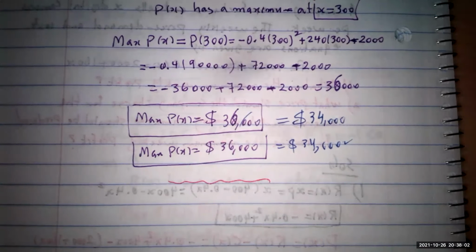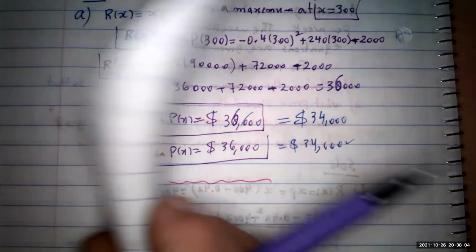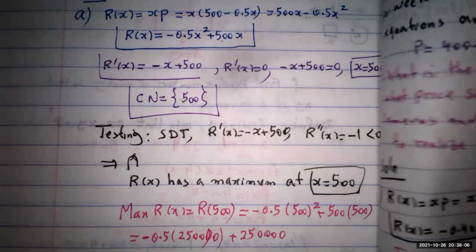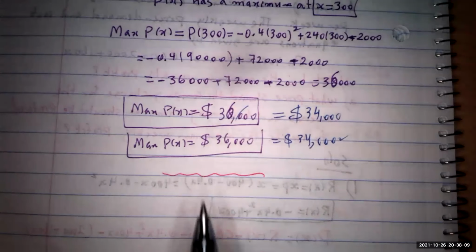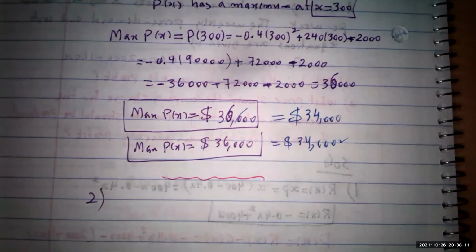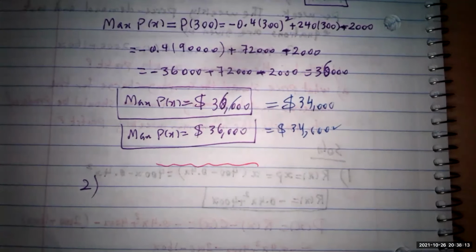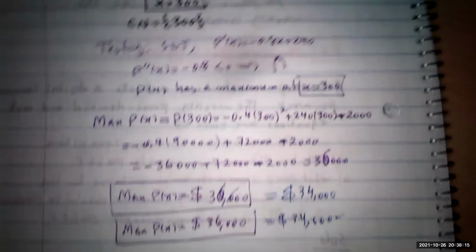So that was the first part. Okay, and this is part two. For part two, we know how many are going to be produced because we got X equal to 300.